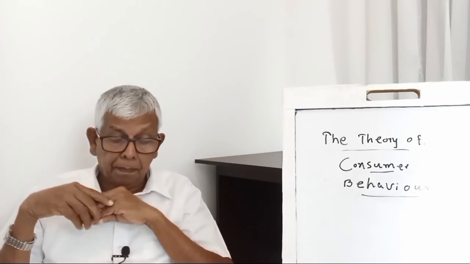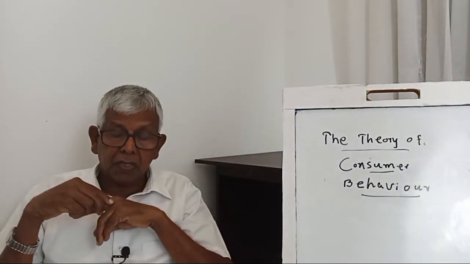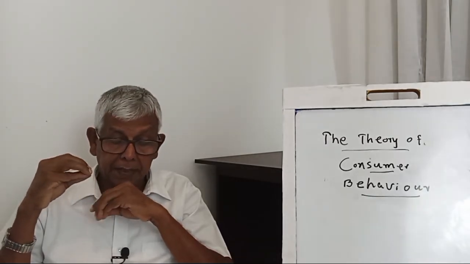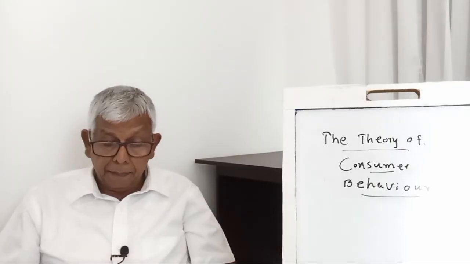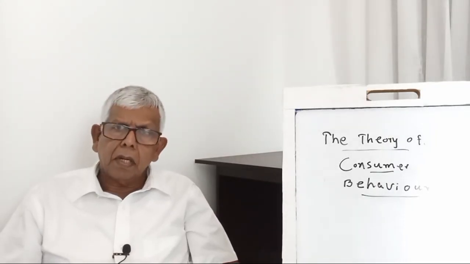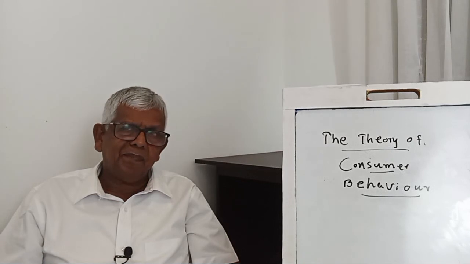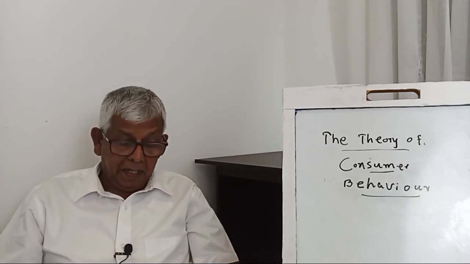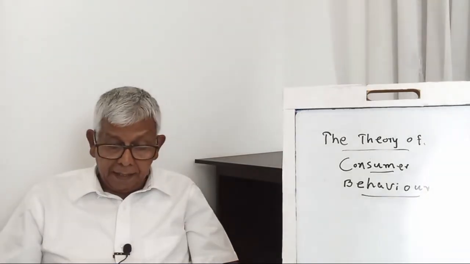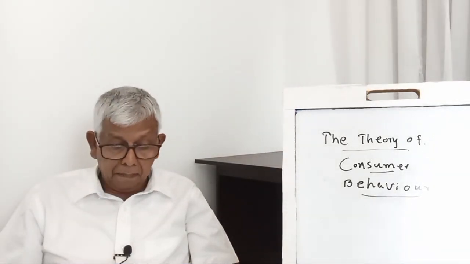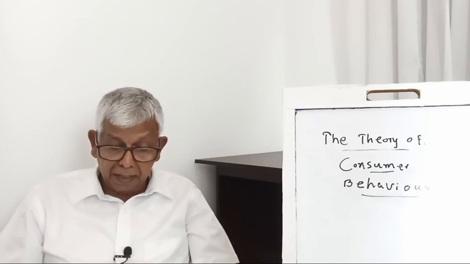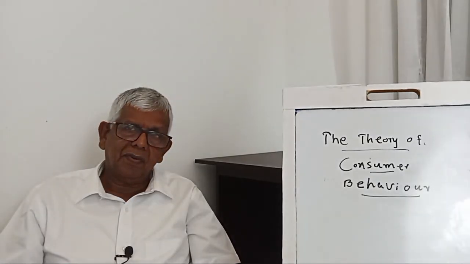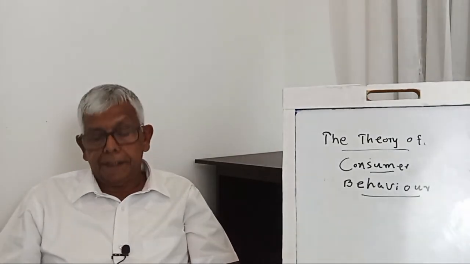We have not yet answered the question: why does the consumer behave like that? Utility theory is there to answer that. Utility theory establishes the demand theory using satisfaction or utility.